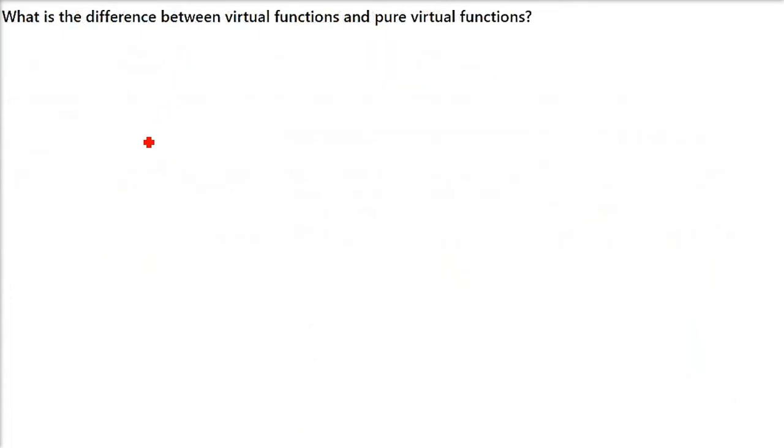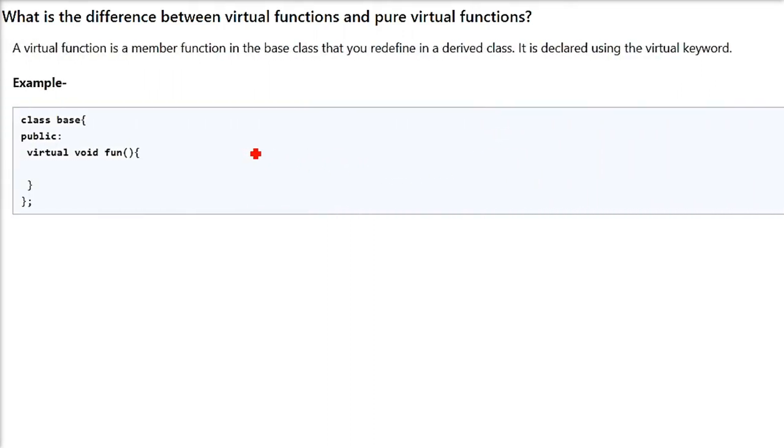What is the difference between virtual functions and pure virtual functions? See, a virtual function is just like any other member function in the base class that you will be redefining in the derived class, because in inheritance you have a base class and a derived class. Base will have a function, derived will have the same function with the same name.